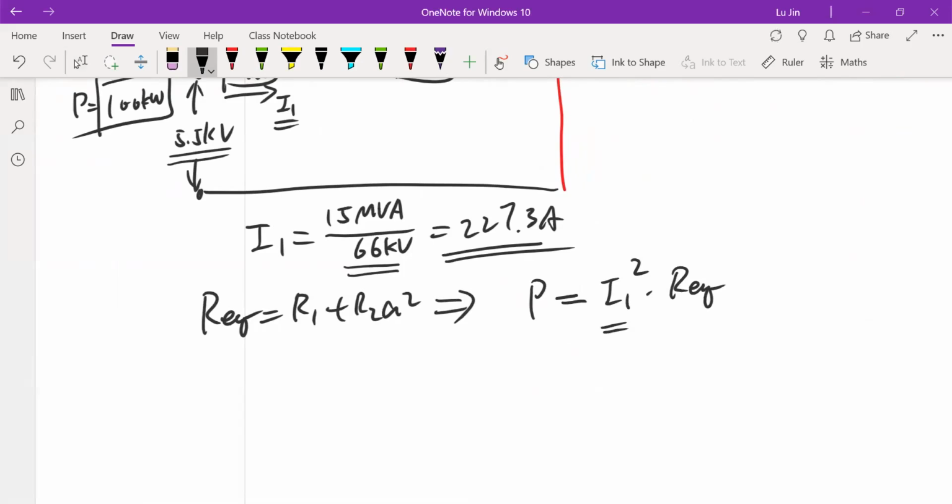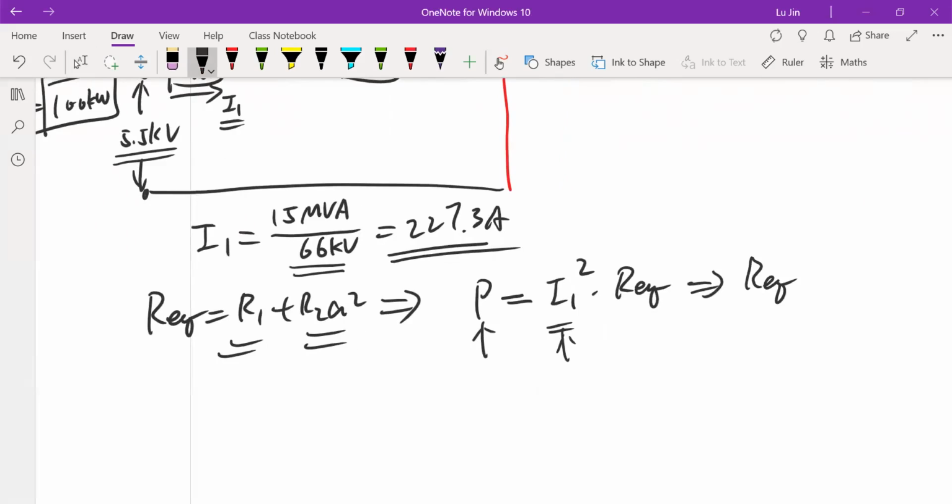This I1 is flowing through them because all the components are in series. I1 is shared by these two resistances. Okay? So in this question, I1 is known, P is known. So you can evaluate REQ equal to P over I1 squared.